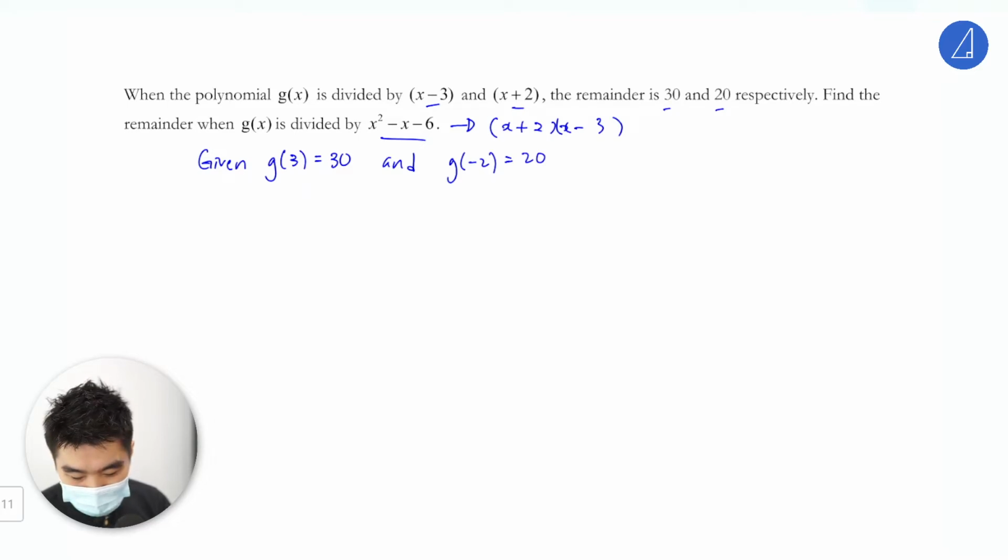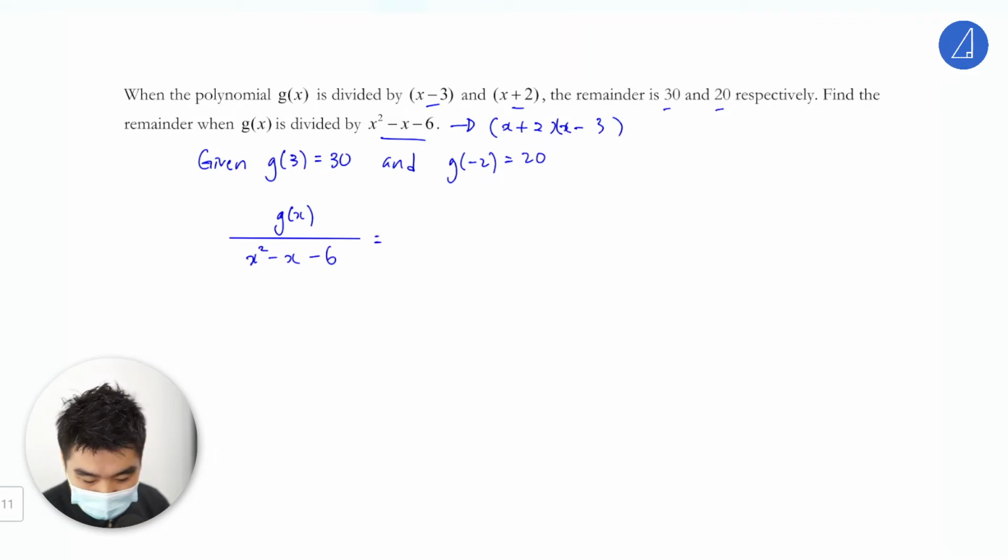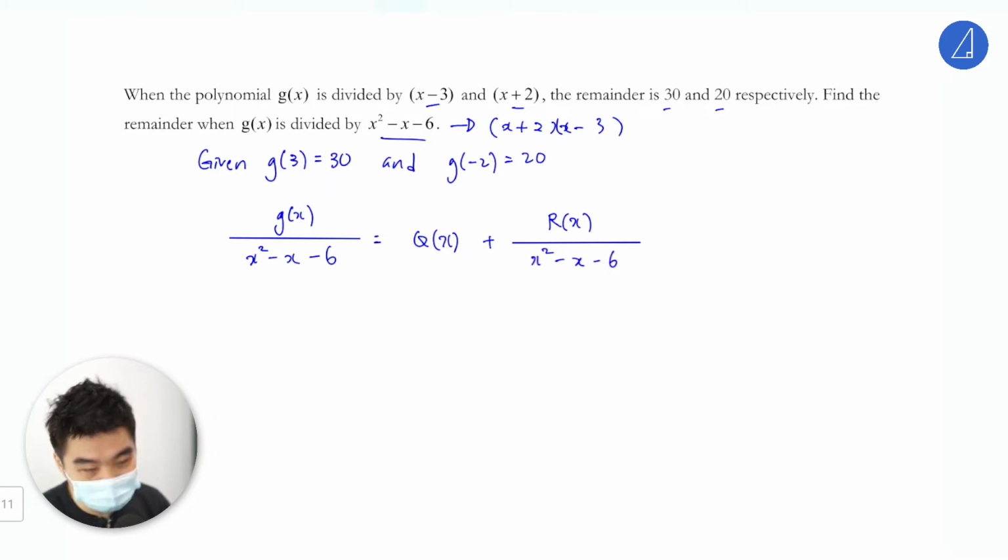Okay, so here's the thing. One of the first things that we learn about this polynomial is that when you have a g(x), I don't know what this is, I divide this by a divisor. In this case, x squared minus x minus 6. What I produce on my right hand side is a quotient, and a remainder, which still has the same divisor over here, x squared minus x minus 6.